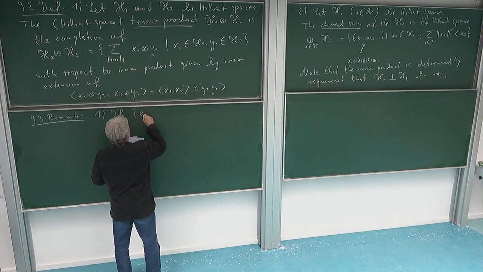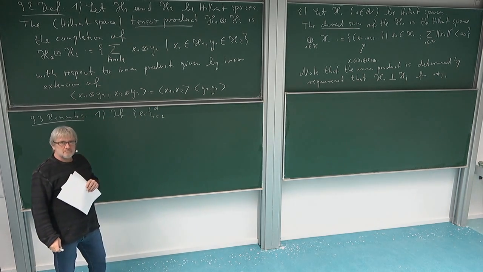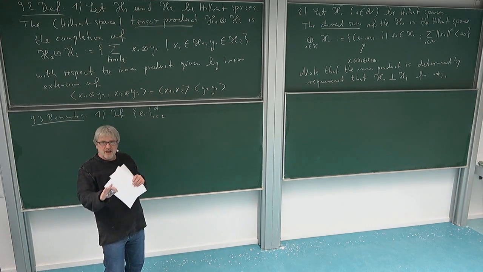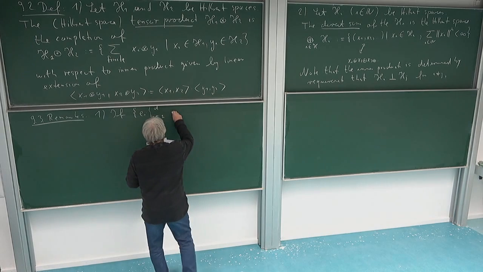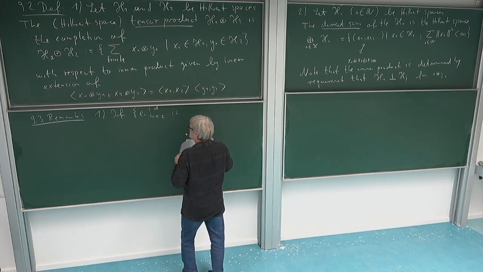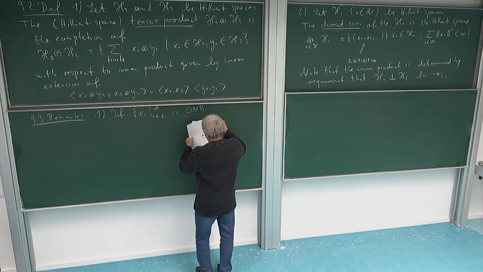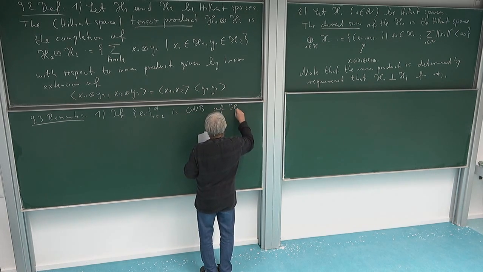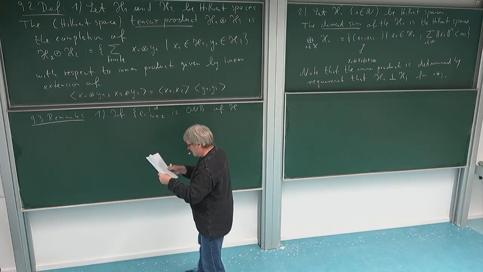So let me call it e_i, where i is running from 1 up to D, where D is the dimension of my Hilbert space, and D can also be infinity. So I can also have an infinite dimensional Hilbert space. So assume e_i is an orthonormal basis of H. This means the e_i all have length 1 and they are orthogonal to each other.